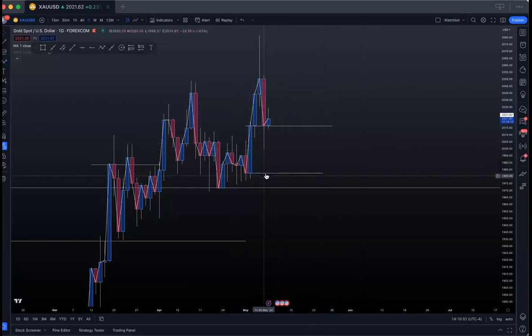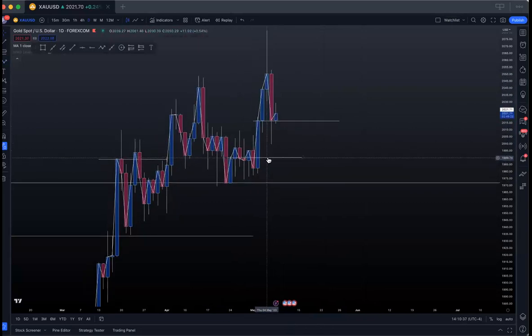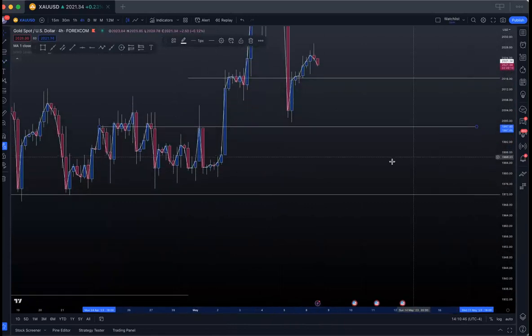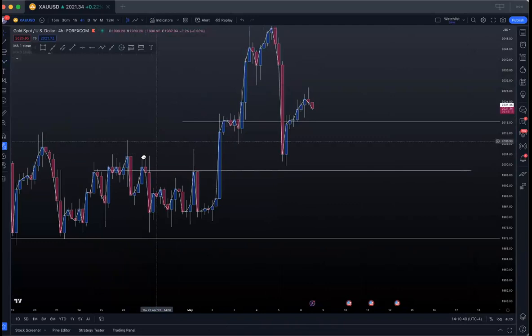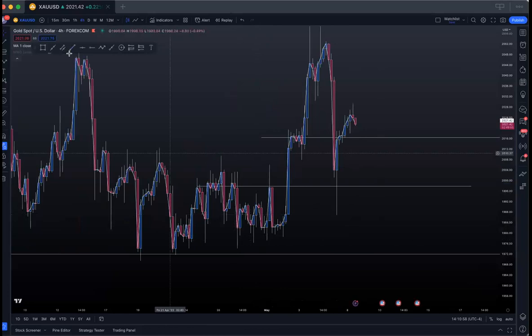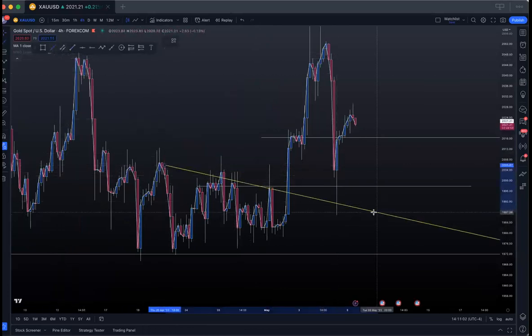Okay, I'm gonna mark out this level right here. Okay, so H4, what it's showing us, okay. So my broker on my phone showed me something like this. As I showed you my entry from last Friday, it was something like that, and the trend line was something like that.